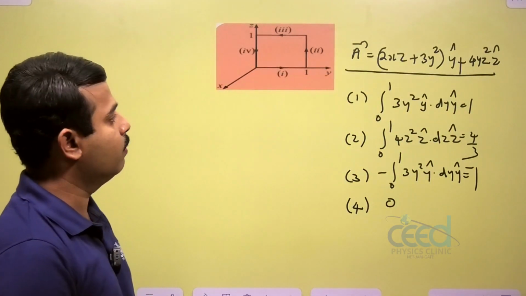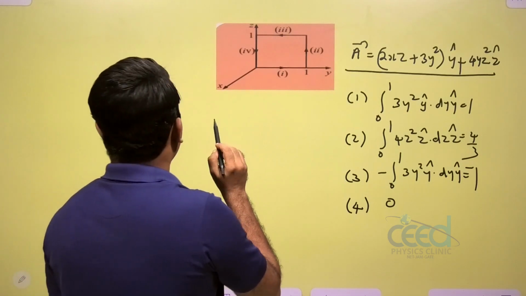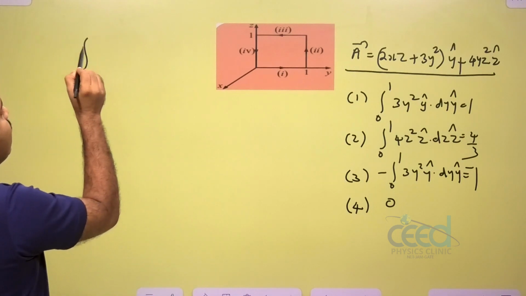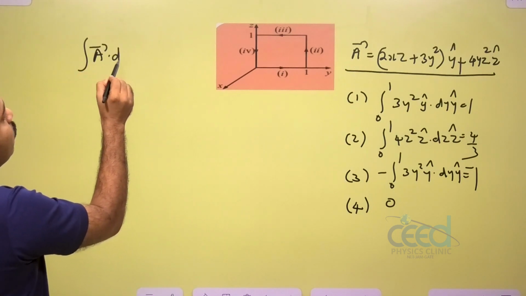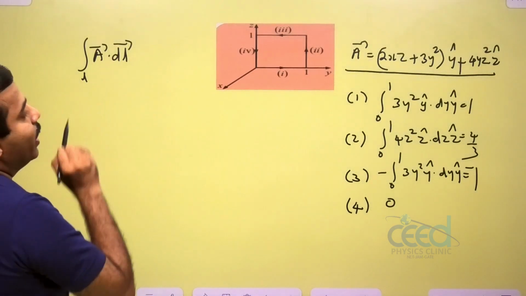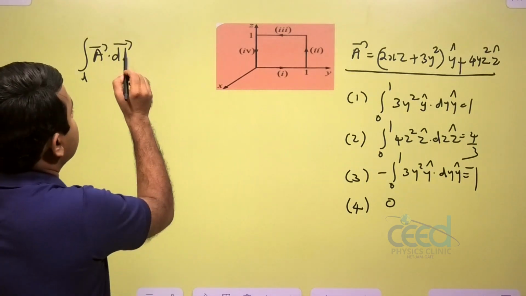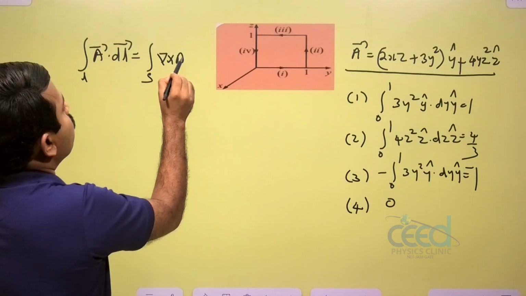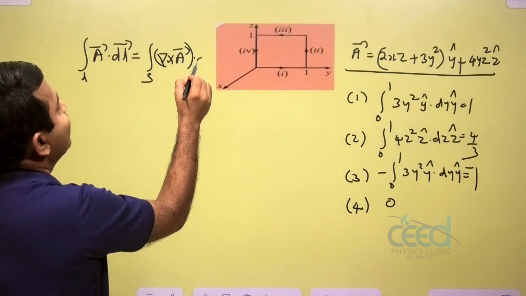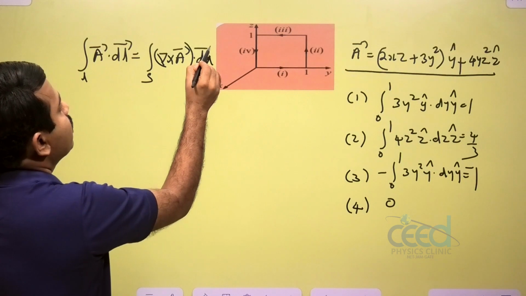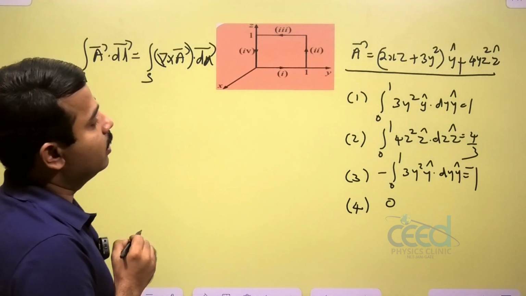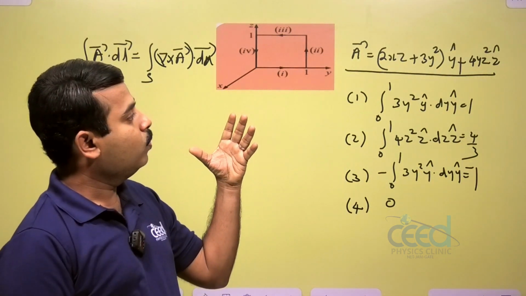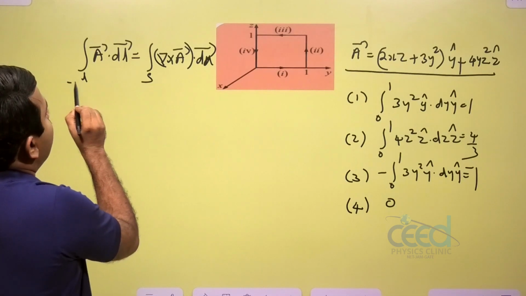According to Stokes law, which I have discussed, the line integral of A dot dl, where A is any vector field, is equal to the surface integral of the curl of the vector field dot the area element dA. This is the Stokes law expansion.